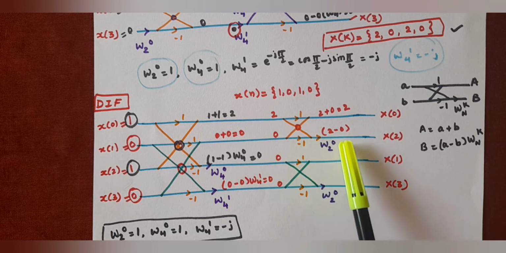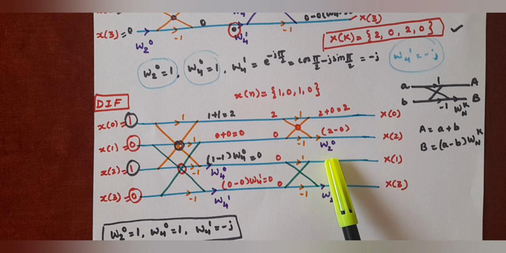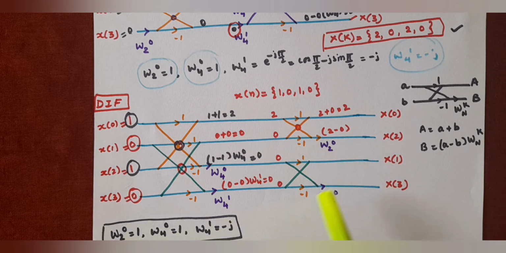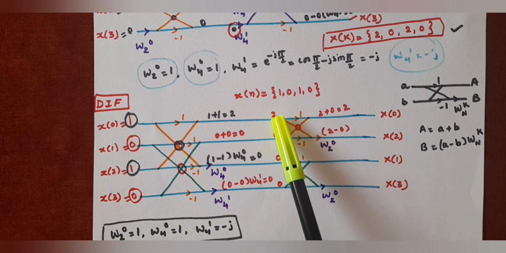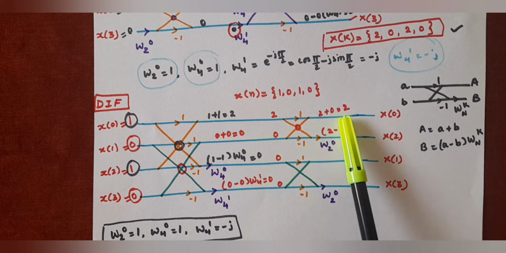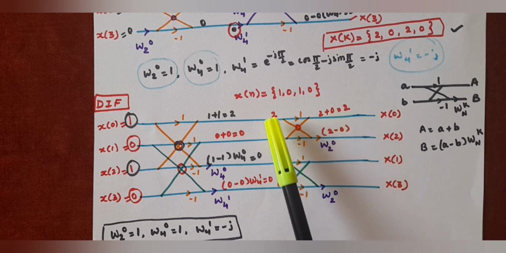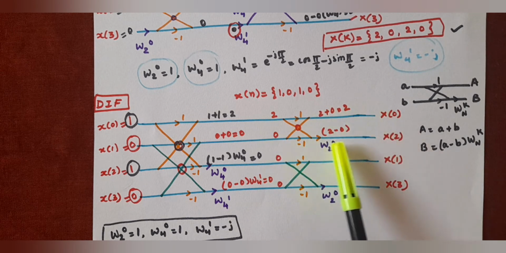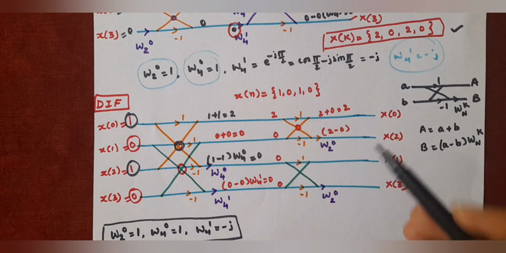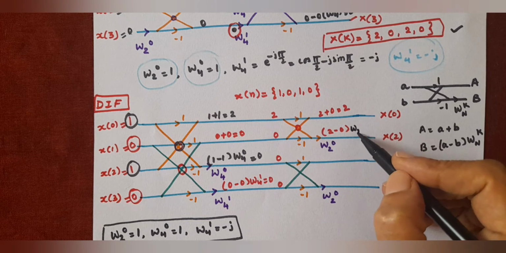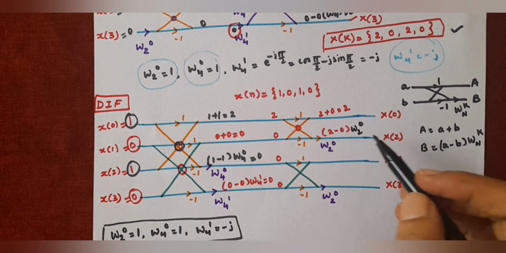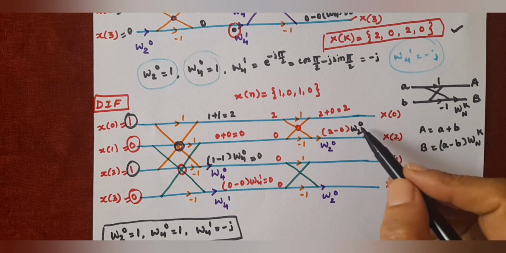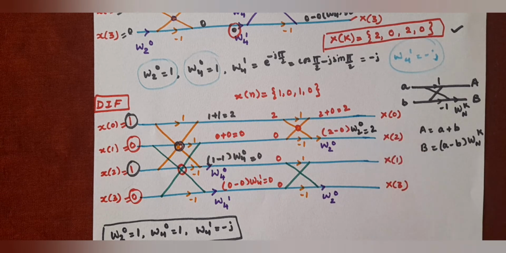So the twiddle factor for this butterfly is W2 to the power 0 whose value is 1 and inputs are 2 and 0. So the output equation of the upper line is A plus B, 2 plus 0, 2, and for the bottom line it is A minus B, so 2 minus 0 into W2 to the power of 0. So 2 minus 0 and this value is 1, so it will come as 2.